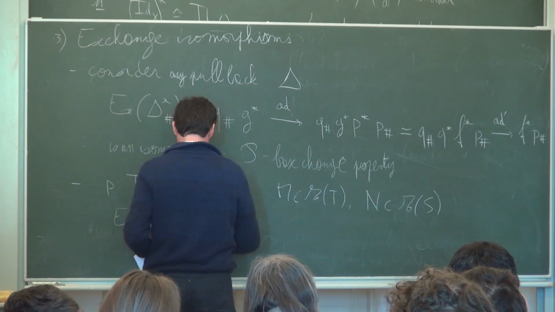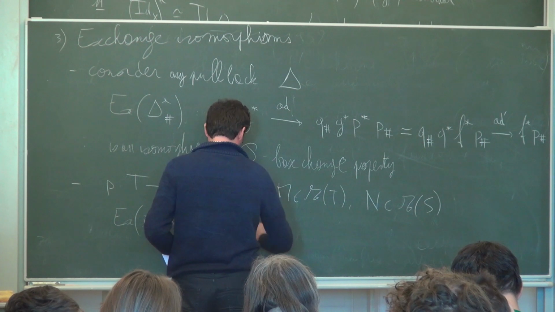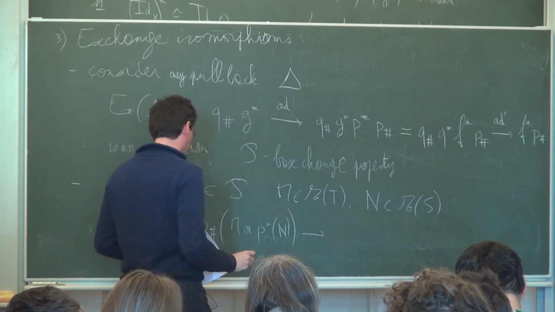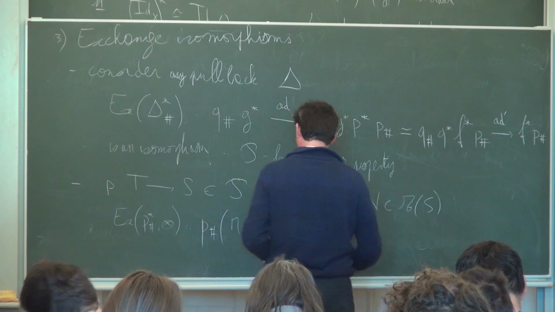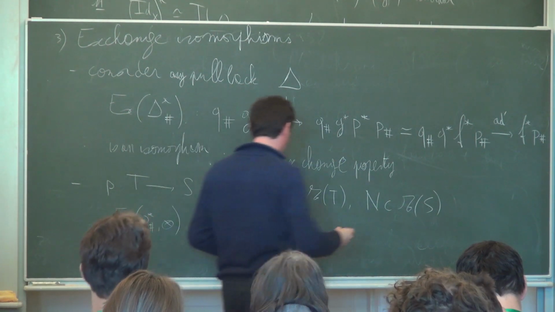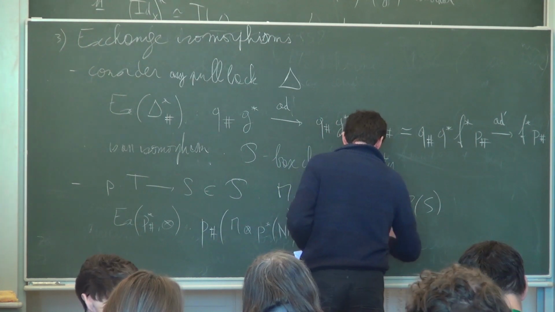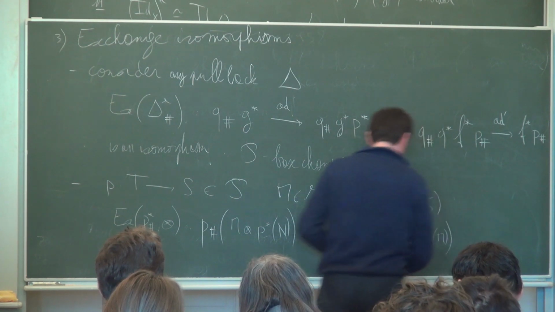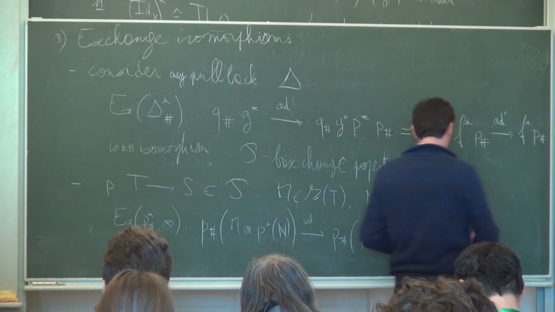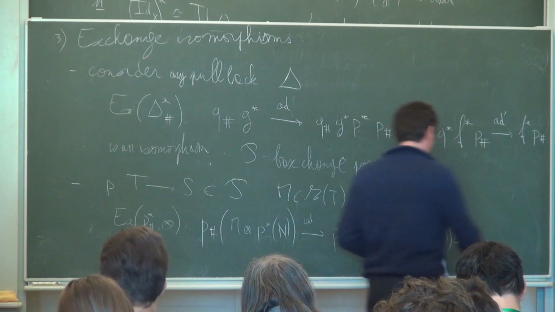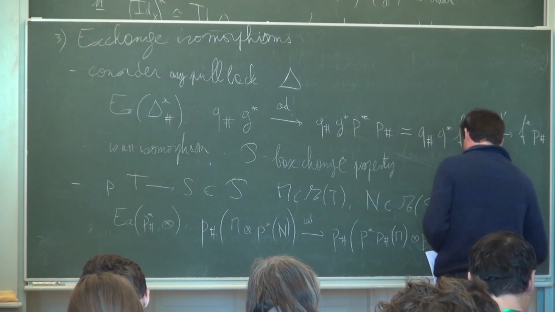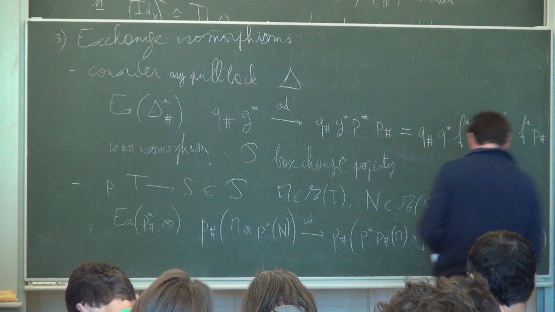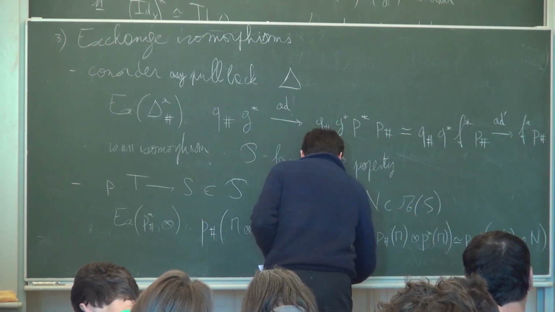To be descriptive, we start from p_♯ M tensor p^* N. Now you apply a unit map from the adjunction p_♯ p^*. Then you use the fact that p^* is monoidal, so there is a natural isomorphism to p_♯ of (M tensor p^* N).